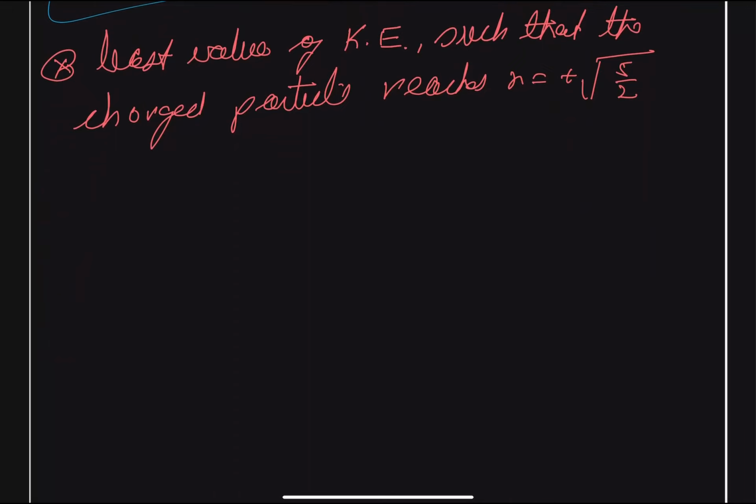And at this point we already know that because at x is equal to plus square root of 5/2, our electric field is equal to 0.